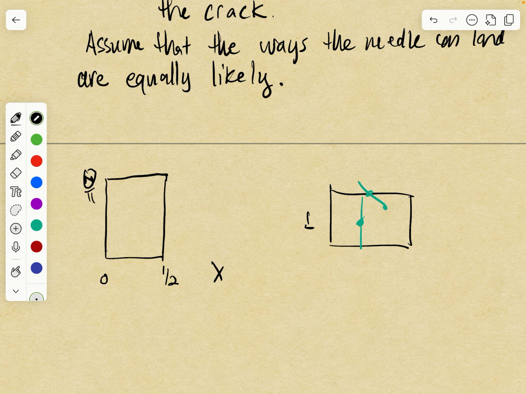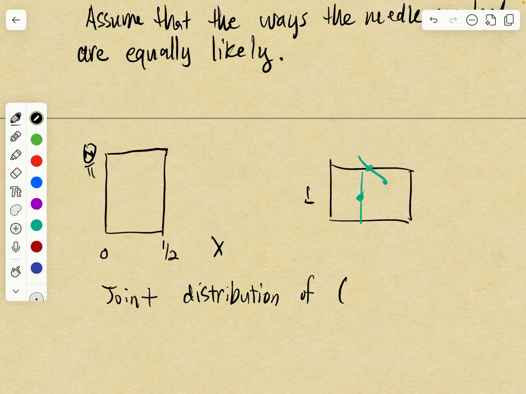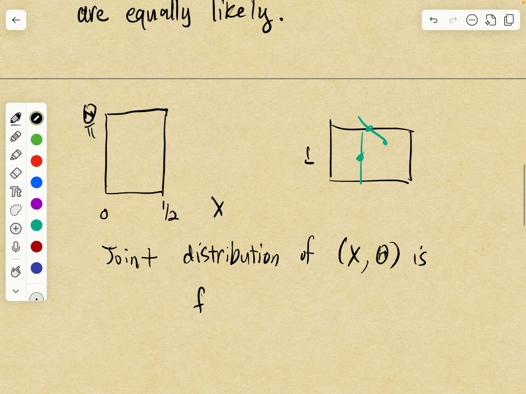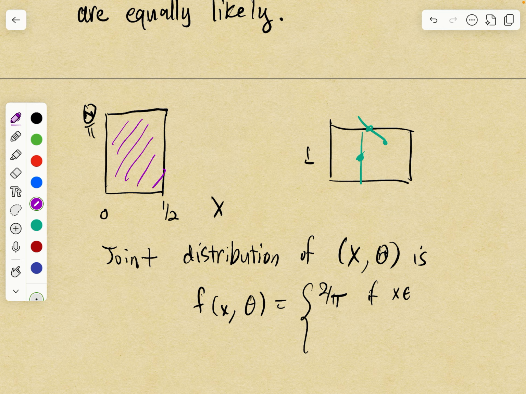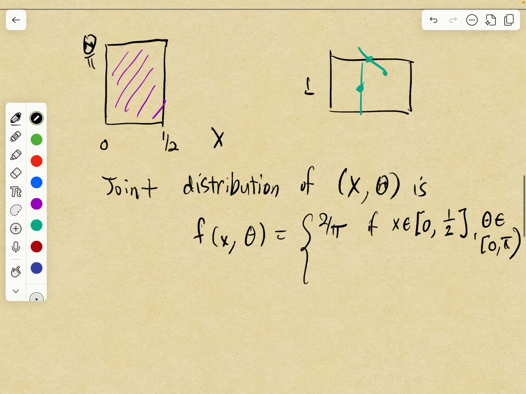The area of this region is half pi, so the joint distribution of x and theta is f of little x, little theta equals 2 over pi if x is from 0 to a half and theta is between 0 and pi, and 0 otherwise.